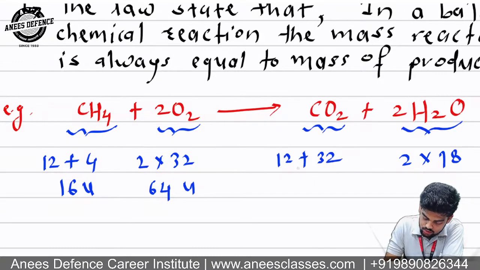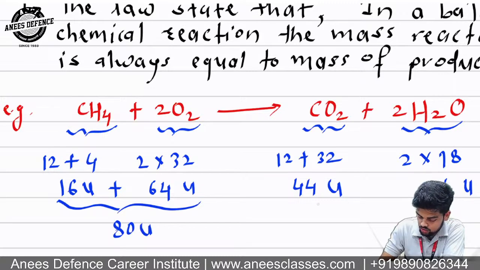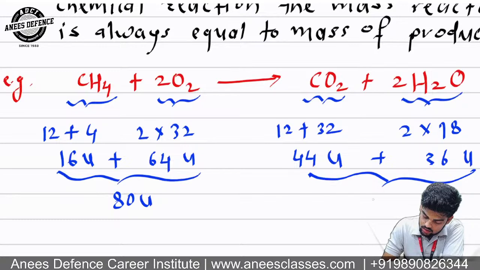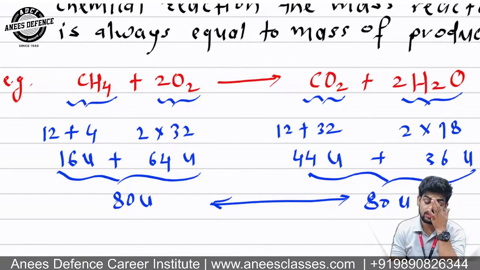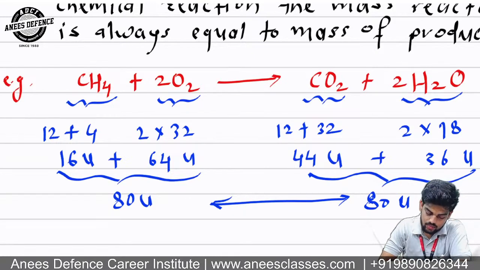By adding these, we are getting 44 U, and here 36 U. The total mass of reactant becomes 80 U, and the total mass of product becomes 80 U. So you can observe that the total mass of reactant and total mass of product is the same. This is nothing but the law of conservation of mass.